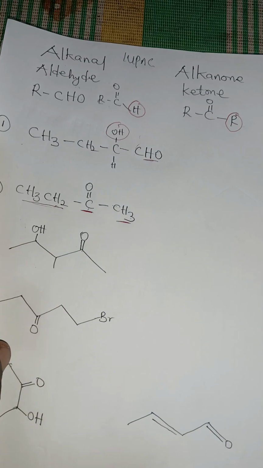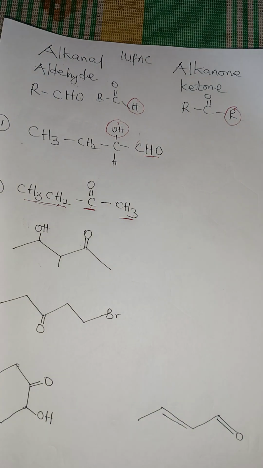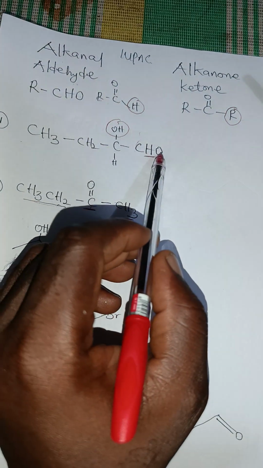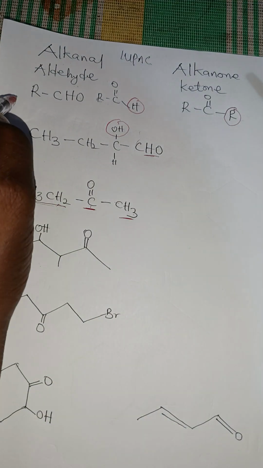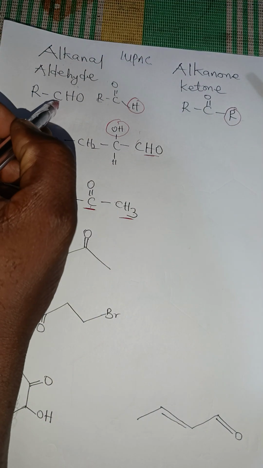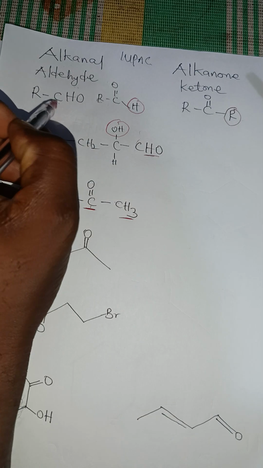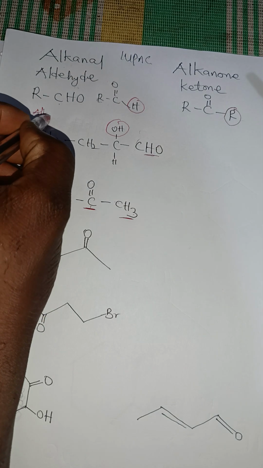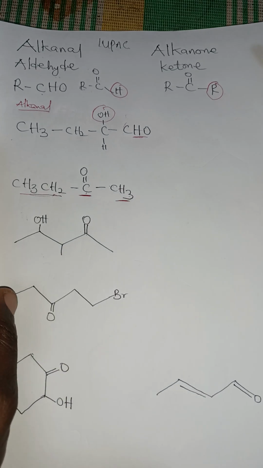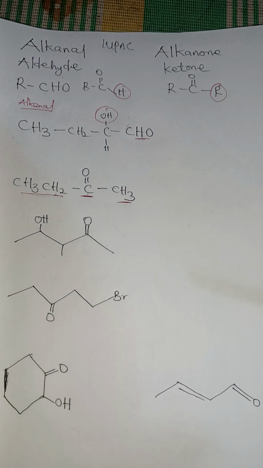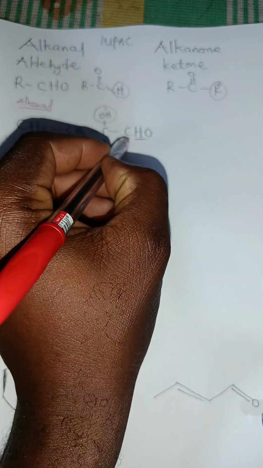Let's start. To start with, how do I name this compound? Anytime you are naming alkanal, note, you start counting from the carbon of the functional group. Where's the carbon of the functional group? This is the carbon of the functional group.